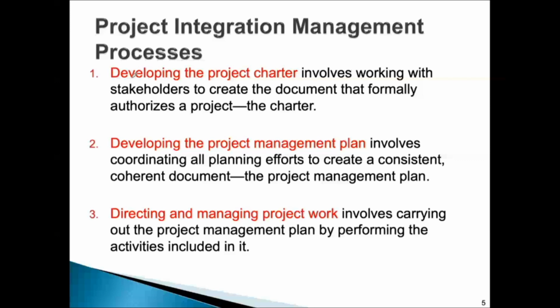It starts the project, and it is documented and legal, and it is a commitment from you as a project manager that you are going to deliver the project on time, within budget, according to the scope that is stated in that document, okay?